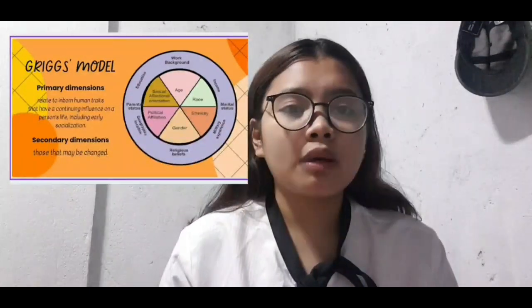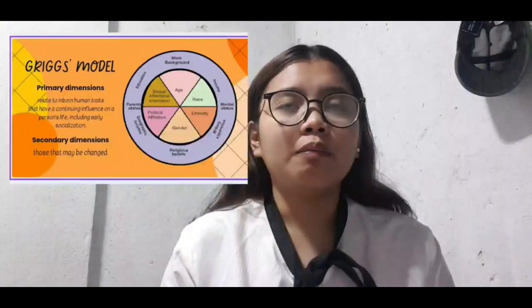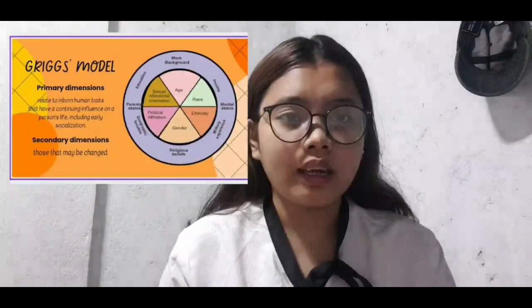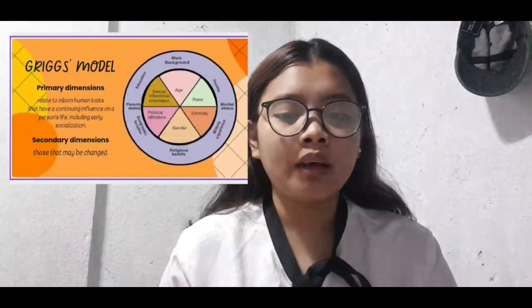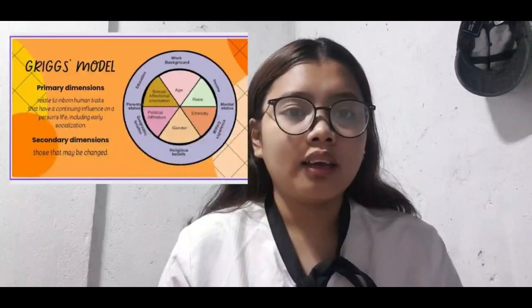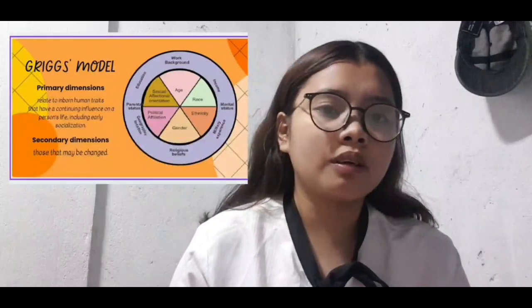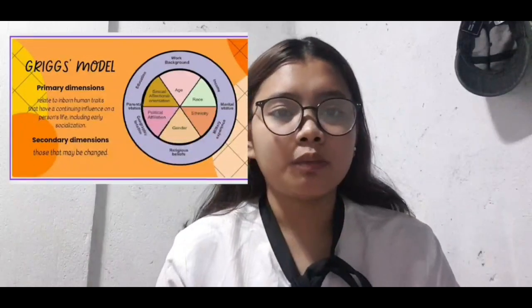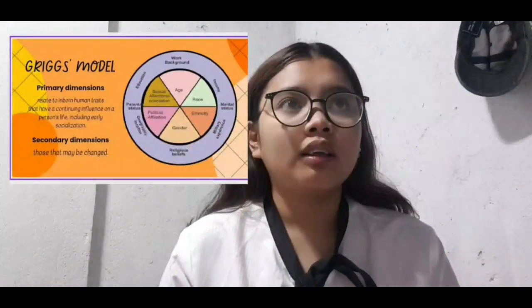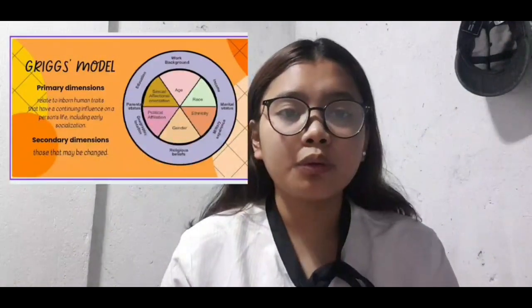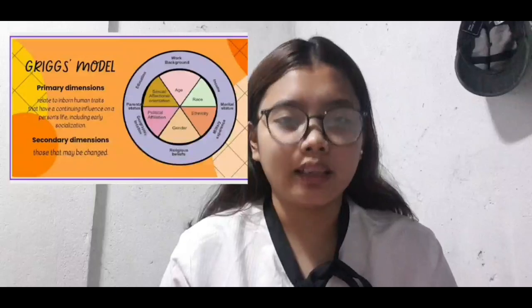The primary dimension traits are inborn and unchangeable. They help shape a person's identity, experiences, and how they are viewed or perceived by society.